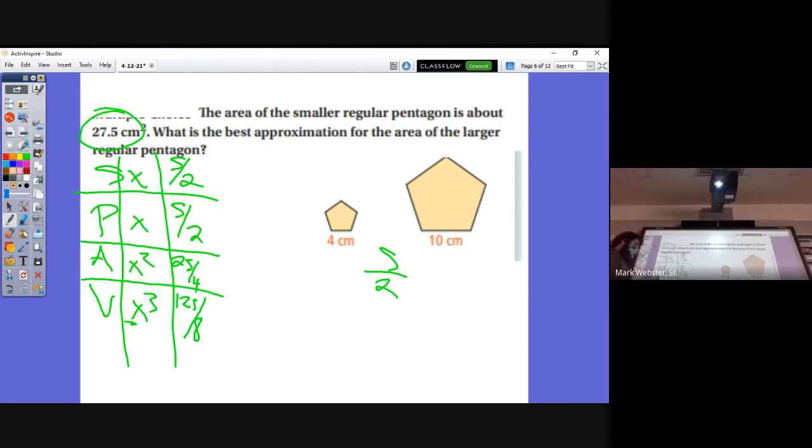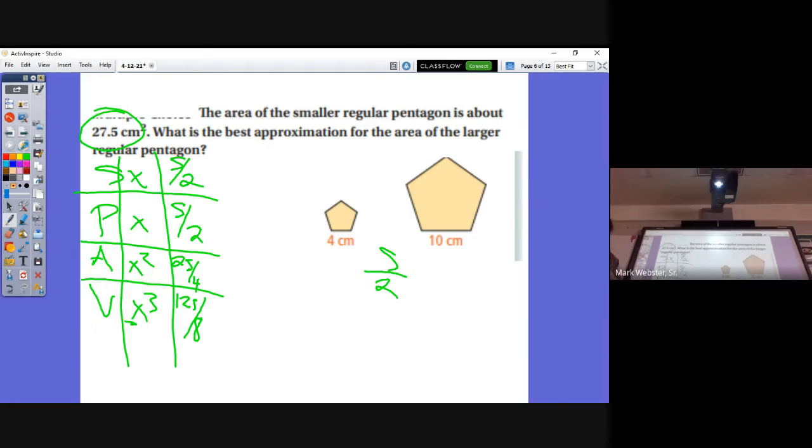All right, now we have all our information already again. So now let's go through. We're given the small area, we want to find the big area, right? Which of these are we going to use? Am I working with the scale of the figures?